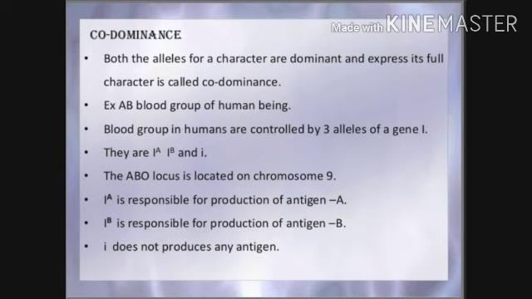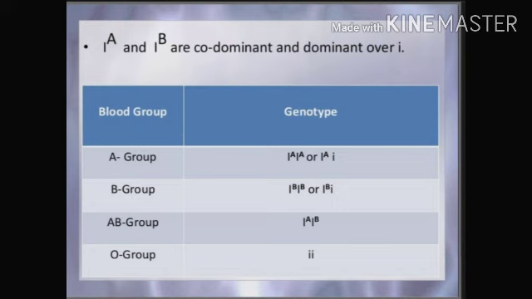Now codominance. Both the alleles for a character are dominant and express their full character. That is codominance. You can see codominance in the AB blood group of human beings. Blood groups in human beings are controlled by 3 alleles of a gene I. They are IA, IB and small i. The ABO locus is located on chromosome 9, and IA is responsible for antigen A, IB is responsible for the production of antigen B, and small i does not produce any antigen.